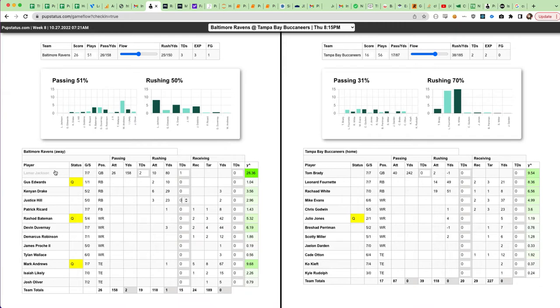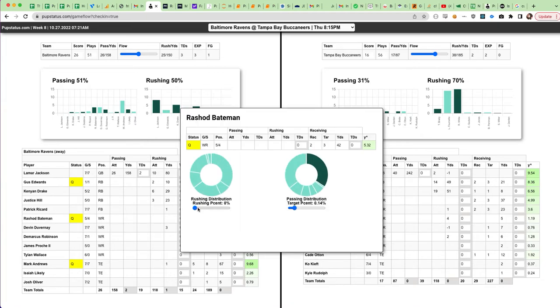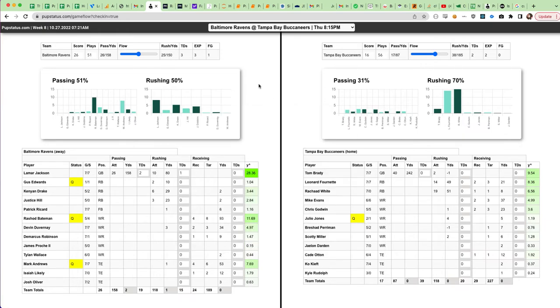We have Lamar Jackson with an estimated 28 points. The only other guy in here with any real significant value is Devin Duvernay. And here's another example of maybe Rashod Bateman being undervalued because he hasn't played. So I've got to update these statistics based on games, but let's just give him a little bit more of this target distribution. And then boom, his value shoots right up.